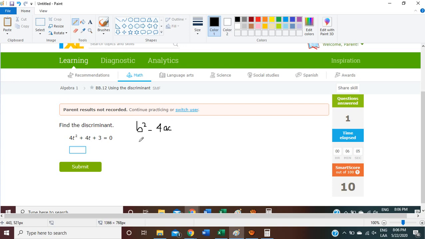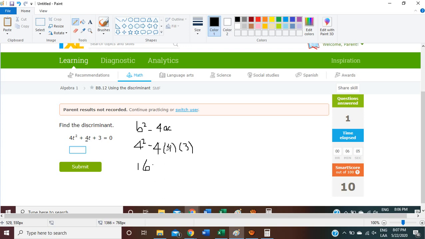This one is b, so we say 4 squared minus 4 times a, the first number, times c, the second number. So 4 squared is 16.